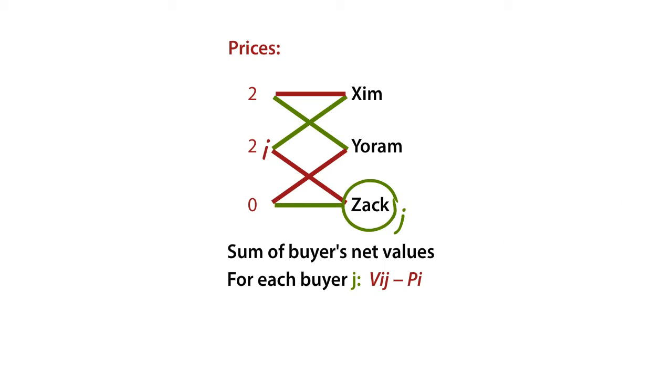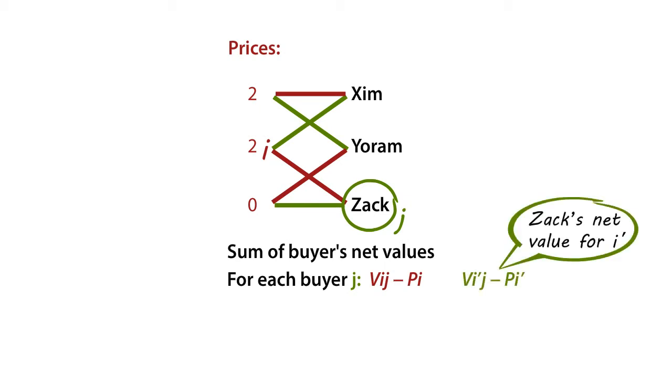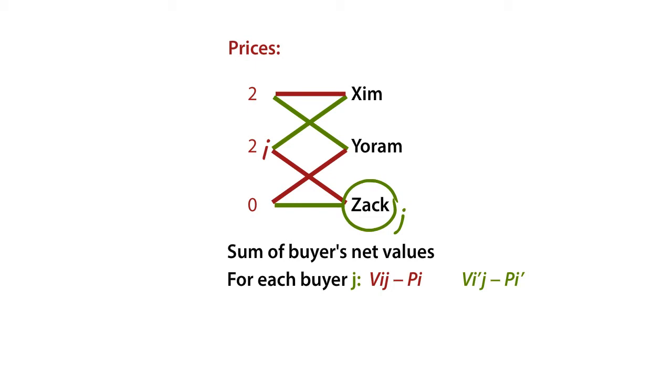Let's call that other thing I prime. In I prime, he also has a net value. It's his value for this other item I prime minus the price of I prime that he might have to pay for this. Now remember, our original matching M is market clearing, so everyone gets one of their favorite items. So Zach's net value for item I is at least as big as his net value for item I prime. That's what made the original matching market clearing.